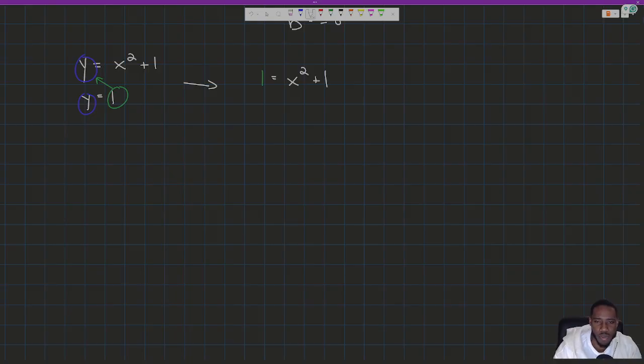So now all we got to do is we've got to solve for the x. And this one's especially easy because we're given just one kind of x, right? We're only having an x that's squared. So we just subtract 1 from both sides. There's a 0 equals x squared. To solve for x, to get rid of the square, we're just going to take the square root of both sides. That's going to be x equals 0.